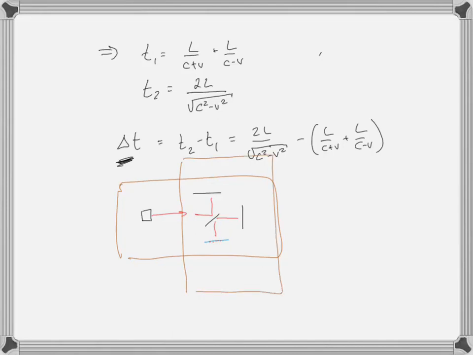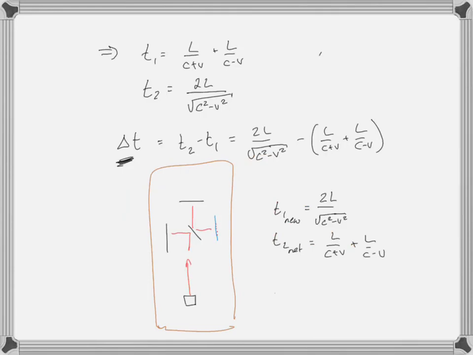And so what happens is, when you rotate the whole apparatus, what was T1 is now T2, and what was T2 is now T1. Just think about it algebraically: that's the same as shifting one leg, one path, relative to the other by 2 delta t.